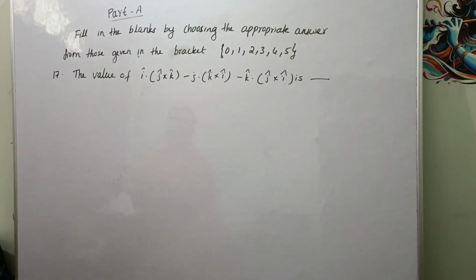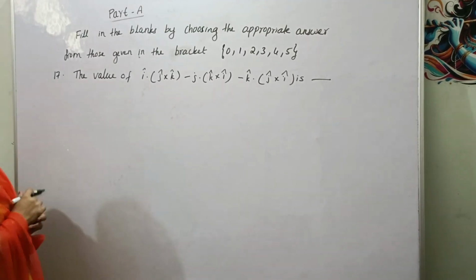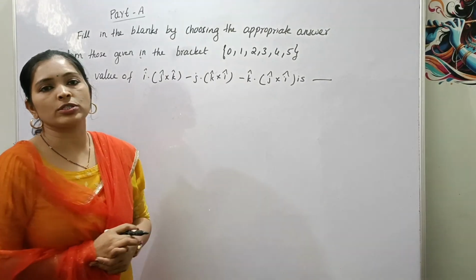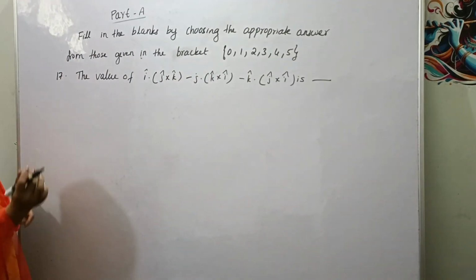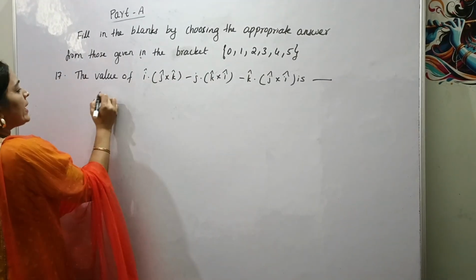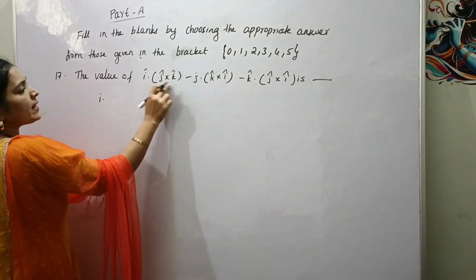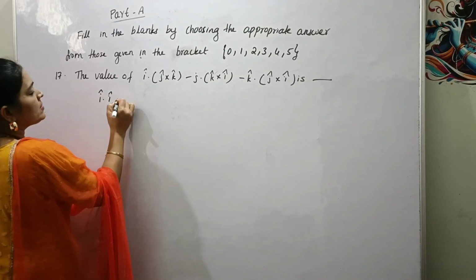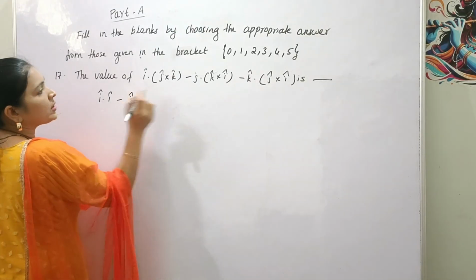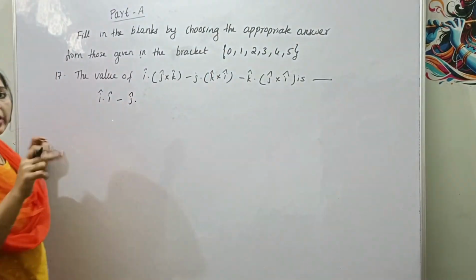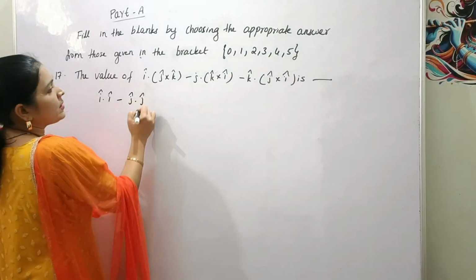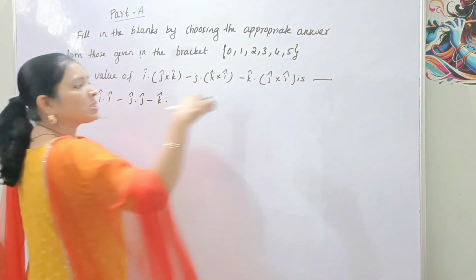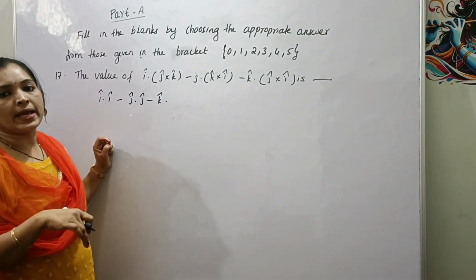The value of i dot j cross k minus j dot k cross i minus k dot j cross i is dash. So here we know that j cross k is nothing but vector i, right? i minus j dot, what is k cross i? Vector j. Minus k dot j cross i is minus k.